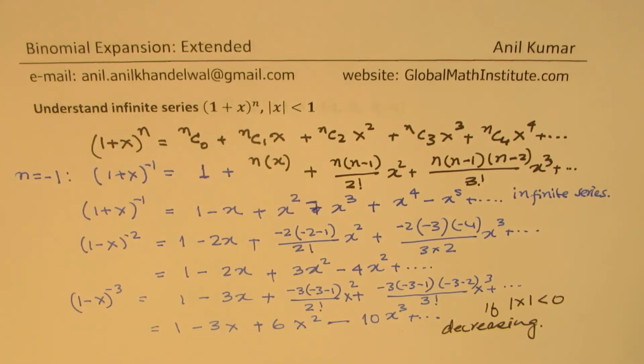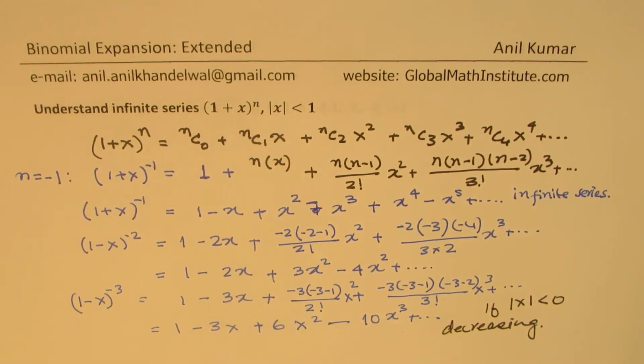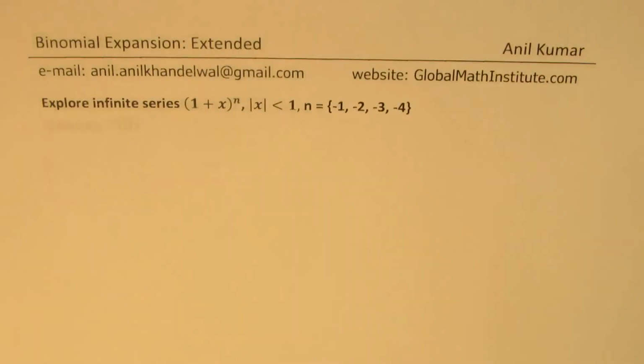We just took negative 1, negative 2, negative 3, and we did find that you can have an expansion where if the absolute value of x is less than 1, we get decreasing terms. So we have a converging series whose sum can be found, right? So let us summarize this and then move forward.